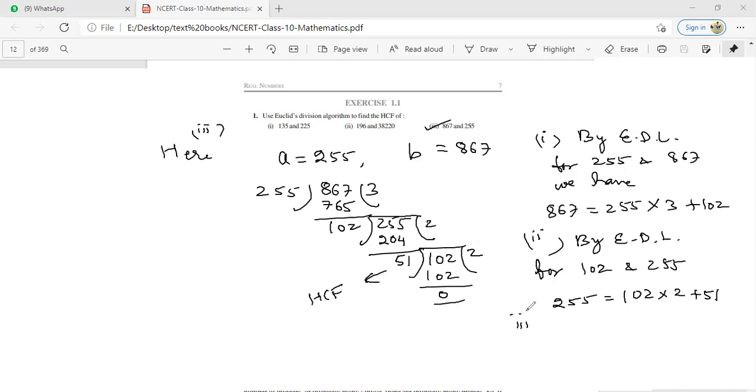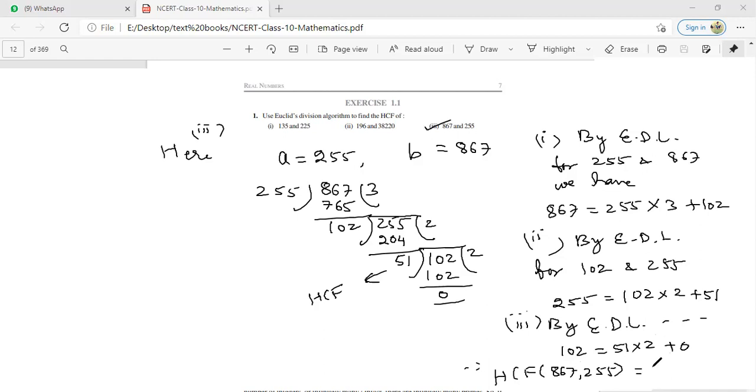So finally, by Euclid's division lemma, by EDL for these numbers, 102 can be written as 51 into 2 plus 0. So therefore, HCF of these numbers, which numbers? HCF of 867 and 255 is equal to 51.